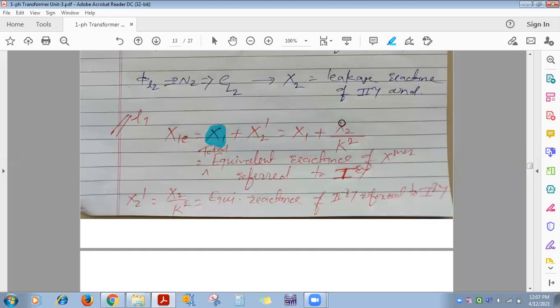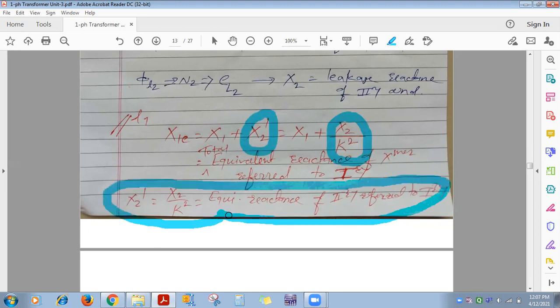If you transfer secondary side parameters to primary, you have to divide by K square. That's why X2 divided by K square is X2 dash. So what is X2 dash? The equivalent reactance of secondary referred to primary.